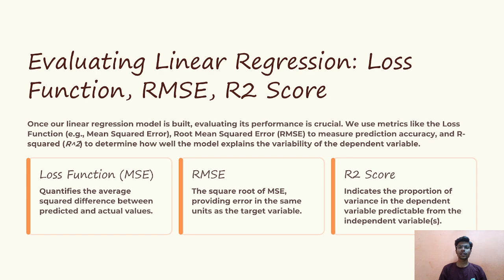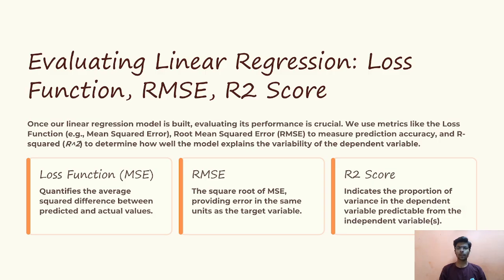Evaluating the linear regression: loss function, RMSE and R2 score. Once our linear regression model is built, evaluating its performance is crucial. We use metrics like the loss function, e.g., mean squared error, and root mean squared error to measure the prediction accuracy, and R squared to determine how well the model explains the variability of the dependent variable.